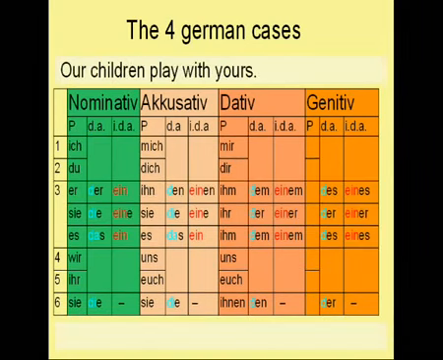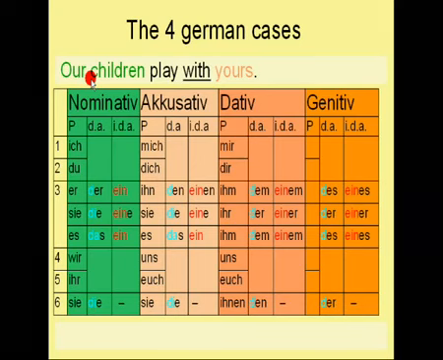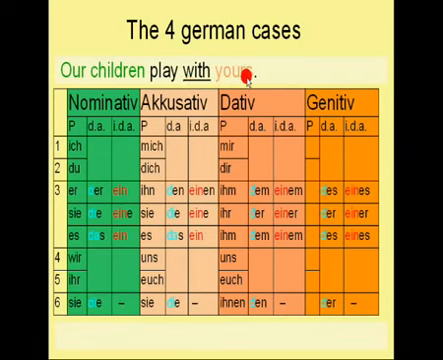Let's try another one. Our children play with yours. Our children are in the nominative case because they are the subject of the sentence. And as you learned in lesson 11, after the preposition with, which means mit in German, always follows the dative case. So yours is the dative object, the indirect object.